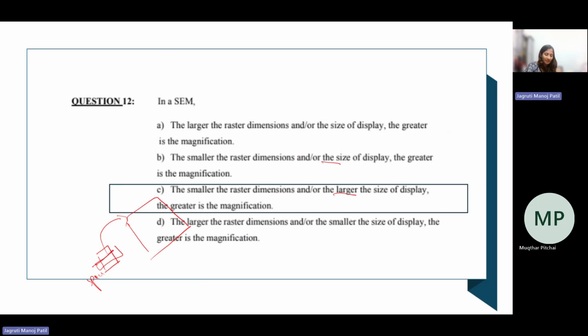That's why we are scanning this way and laterally also, eventually making it a bigger image. So our magnification is increased that way. Because this is also true, but for which size of the display? The display should also be larger, right, ma'am? Exactly, so that you get your feature magnified.